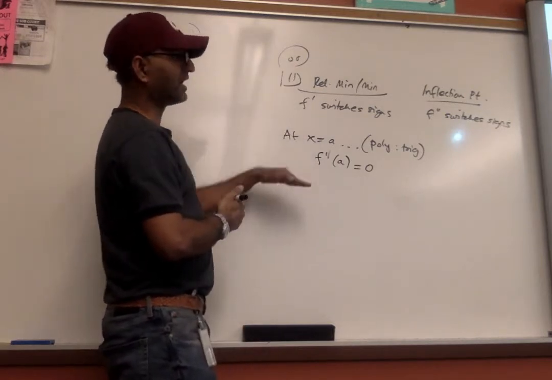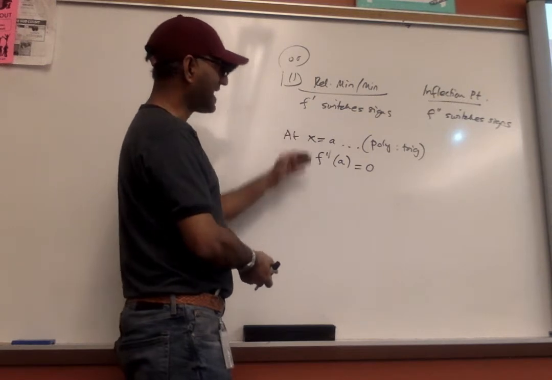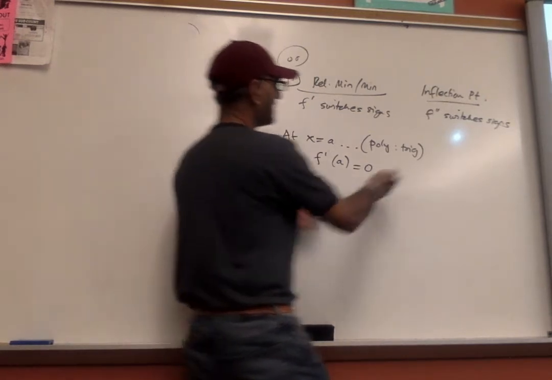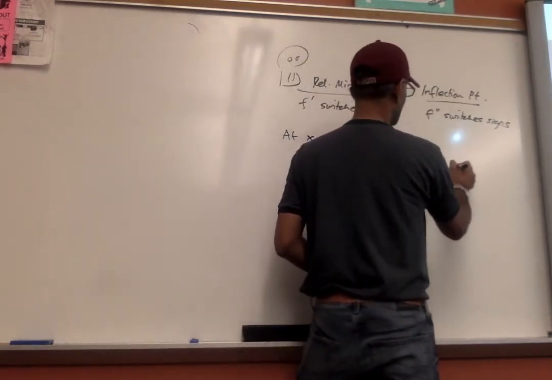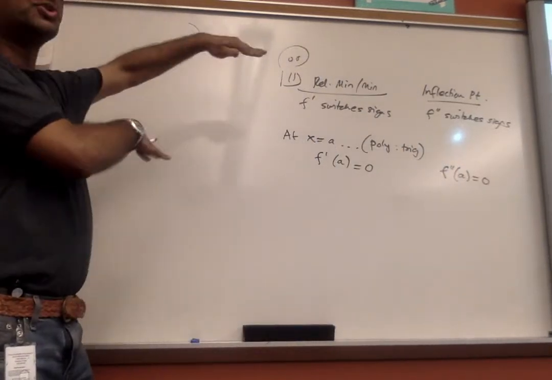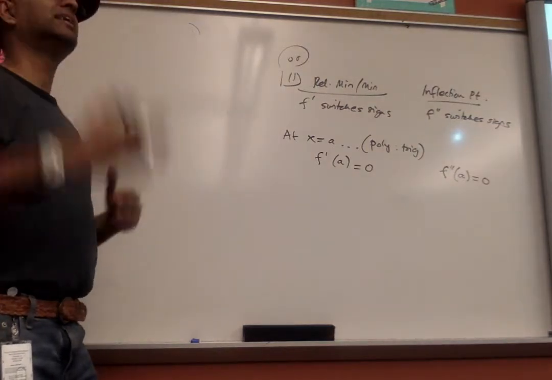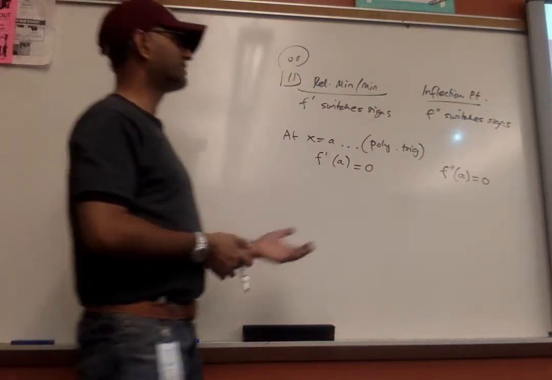So these are two different ideas. If I just say in general I have a relative min or max, f' switches signs. But if I say at a, and likewise with an inflection point, f'' of a should be equal to 0. Those are two very different ideas. Do not mix them up.